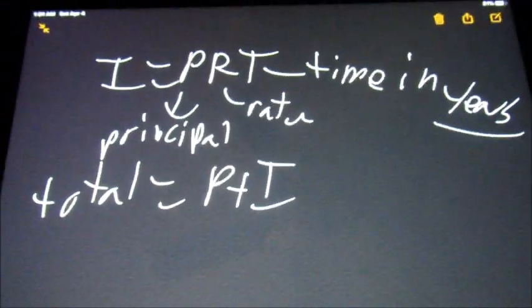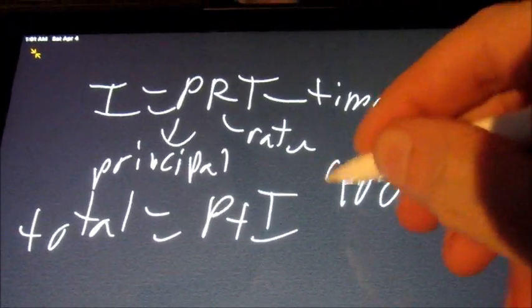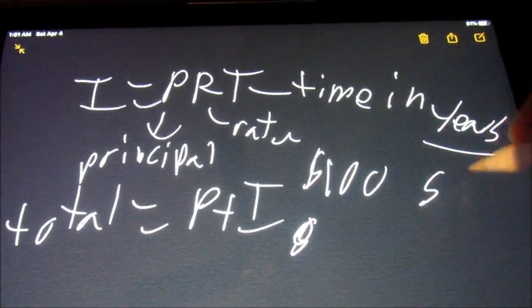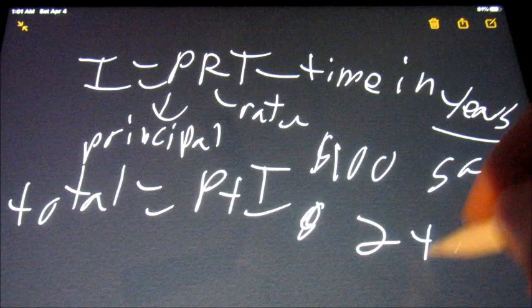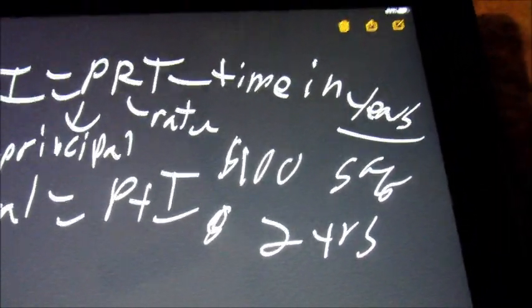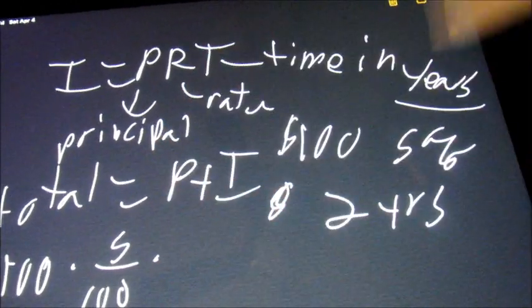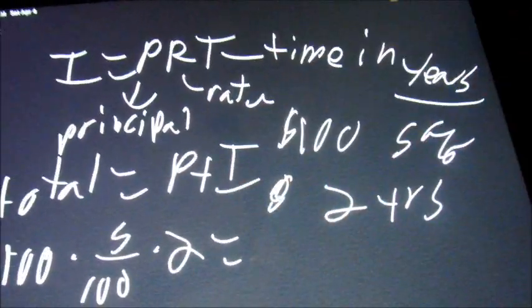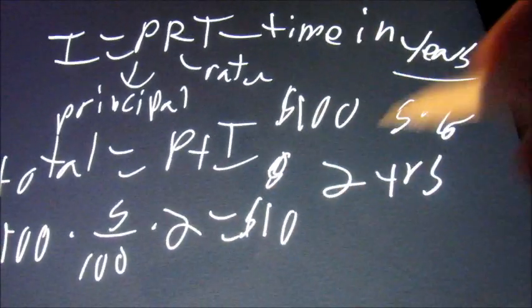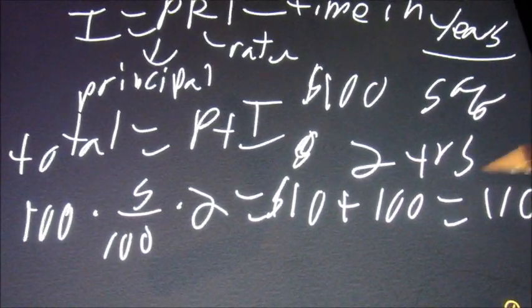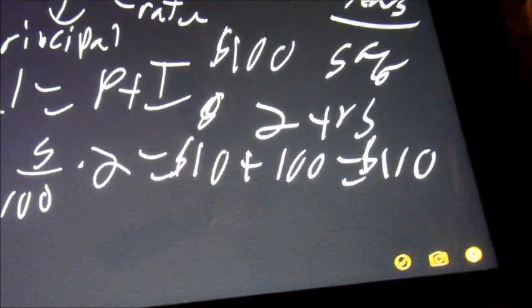So let's say you borrowed $100 at an interest rate of 5% for 2 years. And it'll ask how much interest is there and how much do you have to pay. So you're going to say 100 times 5 over 100 times 2. And that's just going to be $10 of interest. Then you add that to your original and you pay back $110.